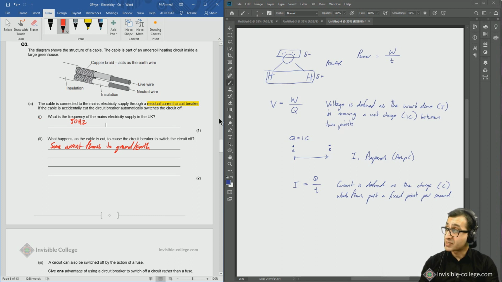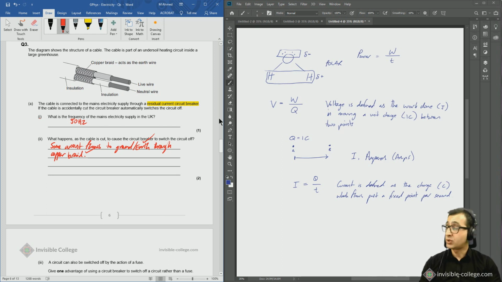And so if the live wire is carrying current, that current is going to go through the earth wire, the copper braid, down to earth. So you can also score a point here by saying that the current flows to the ground or earth through the copper braid. So 1 mark for that. 1 mark for saying that it goes through the copper braid.